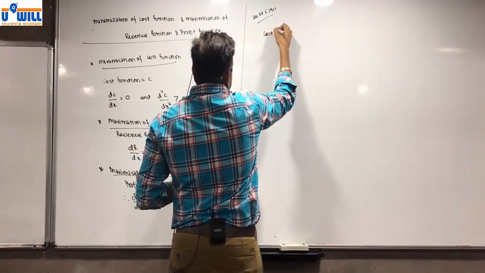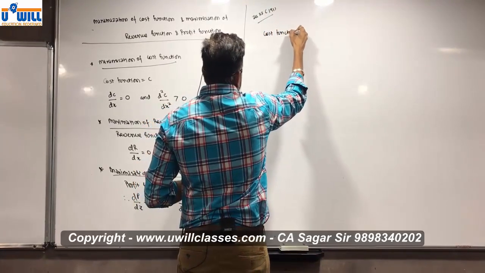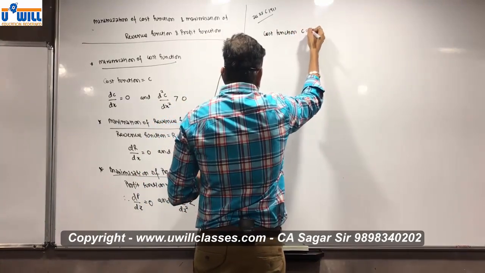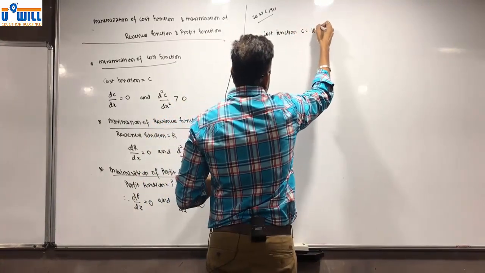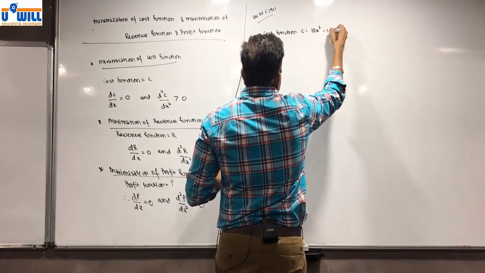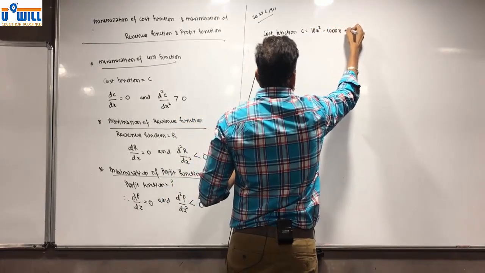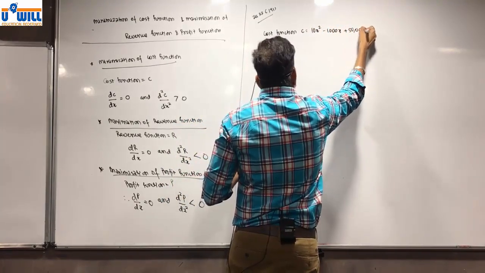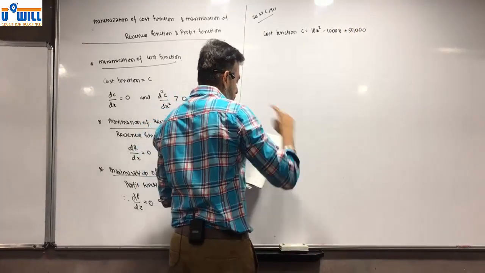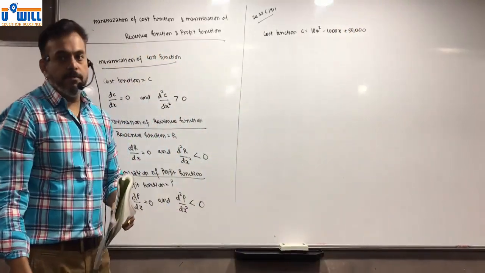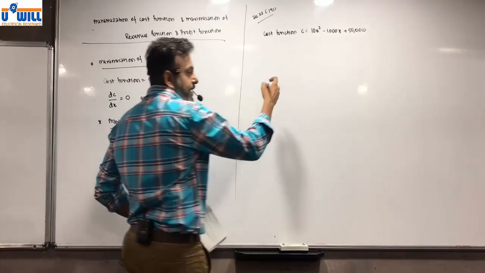Cost function C is equal to 10x square minus 1000x plus 50,000. फर्स्ट स्टेप क्या करेंगे? इसके बाद We'll find out the derivative.